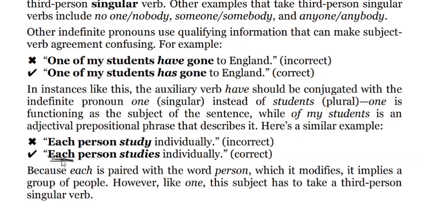So he studies individually. Because each is paired with the word person, which it modifies, it implies a group of people, but like one, this subject has to take a third person singular verb.